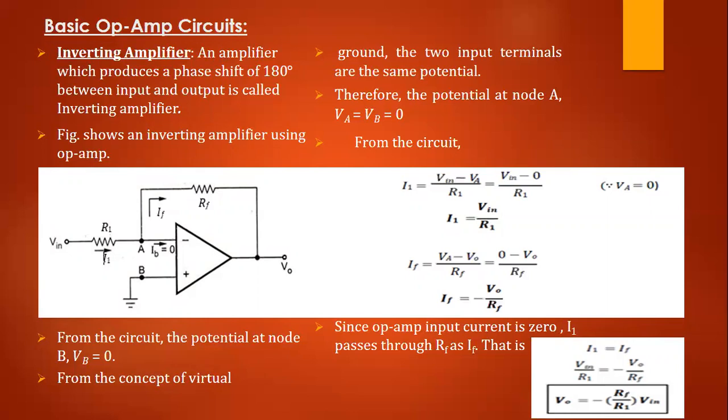So now let us find out the relation between the output and the input voltages, and let us see how we can control the gain of the op-amp using this feedback resistor RF and the resistor R1.